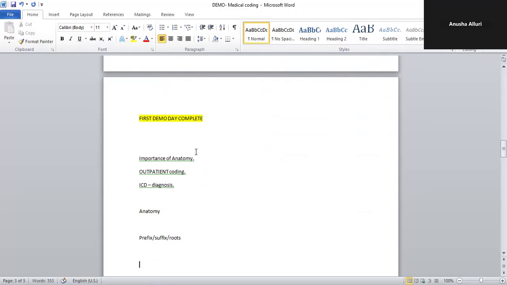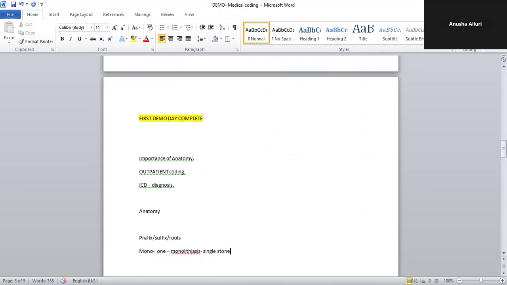Here a prefix comes before the start of the word. For example, mono means one. Monolithiasis: lithiasis means stone formation, so monolithiasis means a single or one stone.